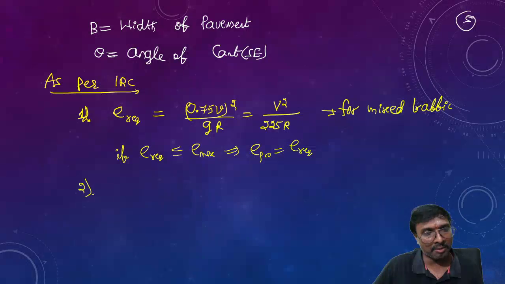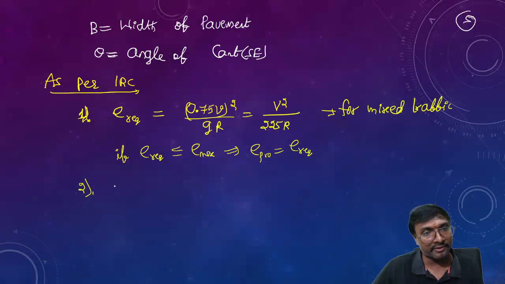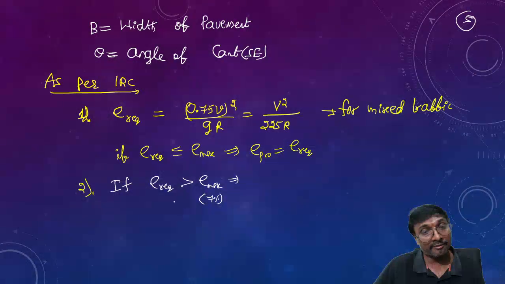But the problem comes into the picture if it is not satisfying the limits. Suppose the super elevation required is greater than E maximum, say E maximum is 7%, but we require 9%. As per IRC, for the mixed traffic condition, to take care of the safety of slow moving vehicles and avoid their toppling or turning, what do we need to do?